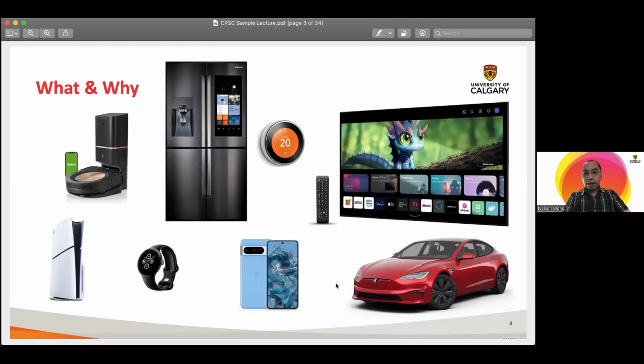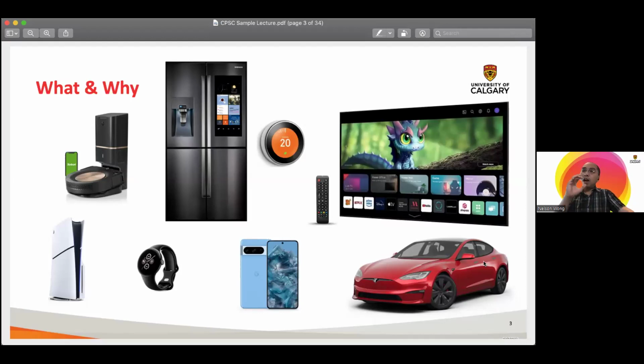Now, let's look at what all those things have in common. Obviously there is computer science involved, but they also have purposes.